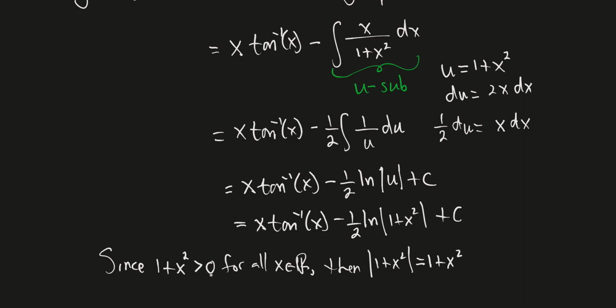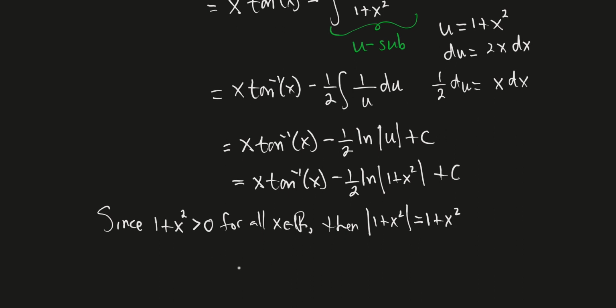Think about it. We know that if you take the absolute value of something positive, it doesn't change. And what we're saying is it's not a specific positive number, it's just that it's always positive for any real number. So then we're justified in writing this as our final answer.